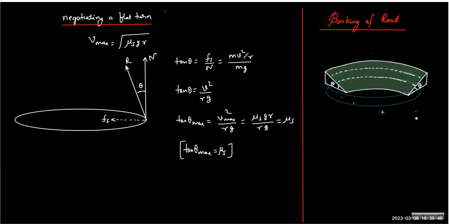So out of two contact forces, which force will change its direction? Friction and normal. Normal. So the contact force will shift, right? So normal will no longer be vertically upward, it will be tilted, right? Yes.